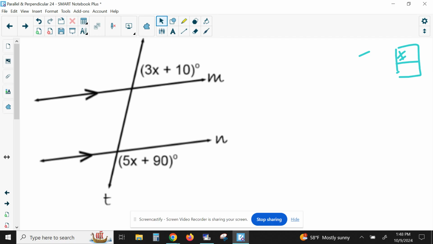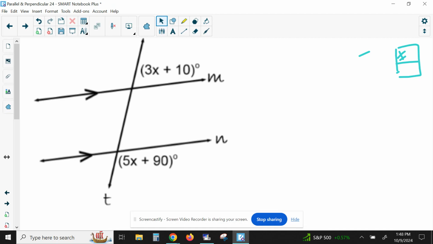Yeah, beautiful. Now put the 3x plus 10 in there and the 5x plus 90 in there. Okay, I assume you have a nice drawing by now.